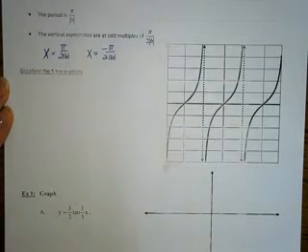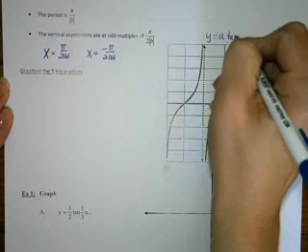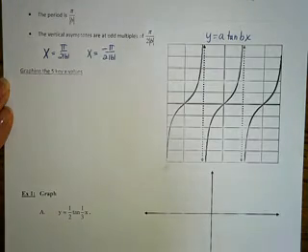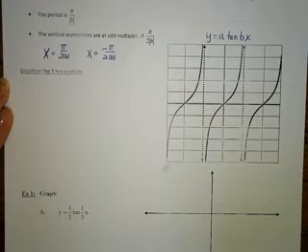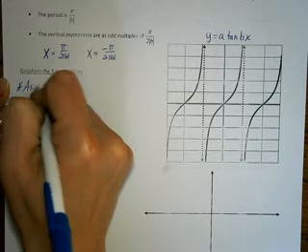Okay, so when we're graphing our 5 key values of tangent, y is equal to a tangent of bx, our 5 key values are not 5 points like they were with sine and cosine. First of all, 2 of the most important things on that graph are going to be our asymptotes.